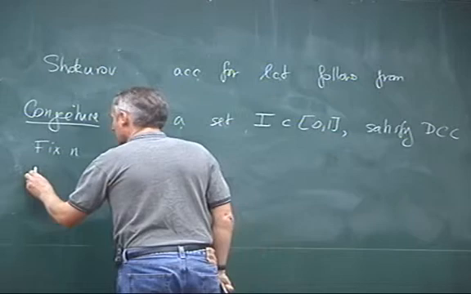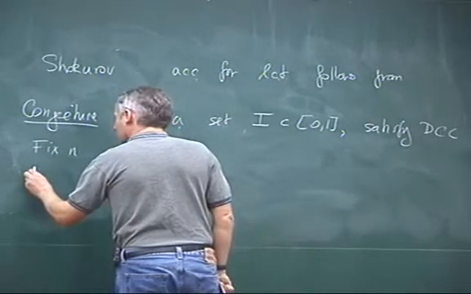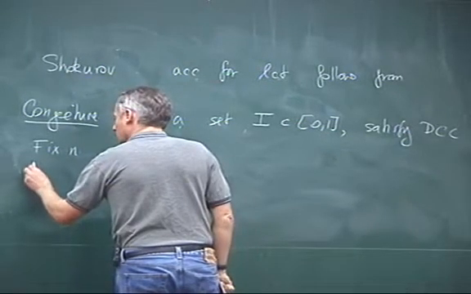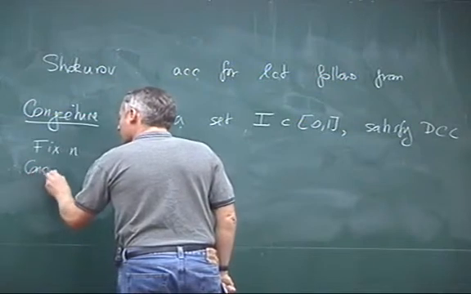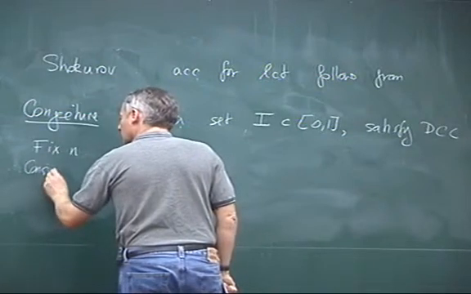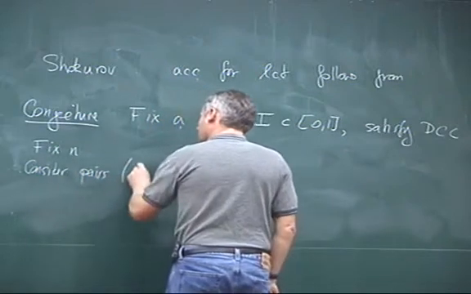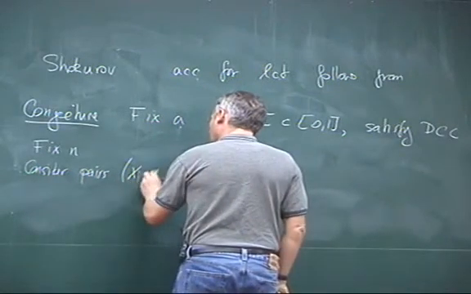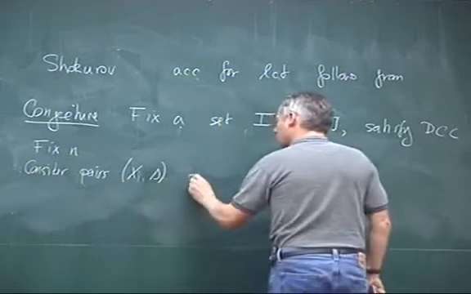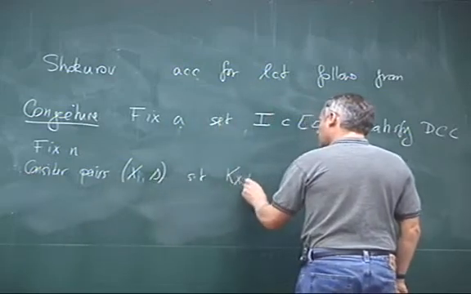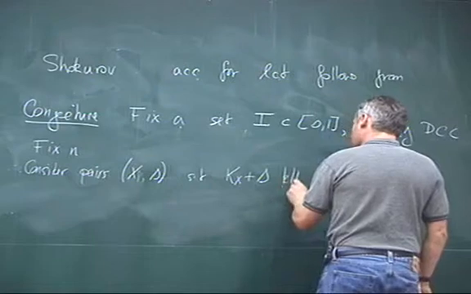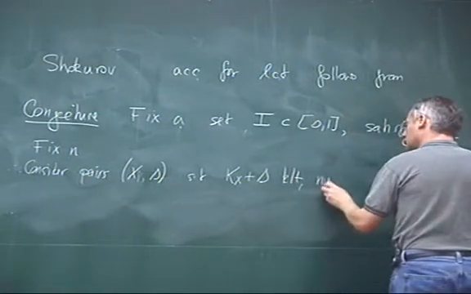Then consider pairs (X, Δ) such that, well, let's say this is KLT and numerically trivial.